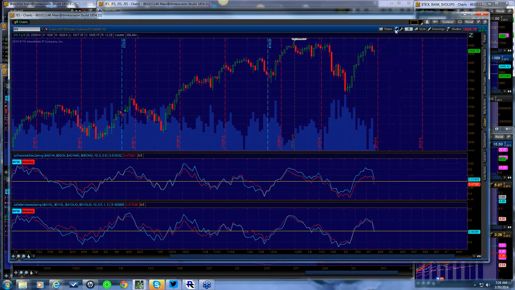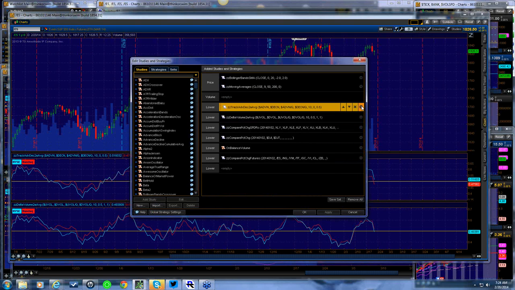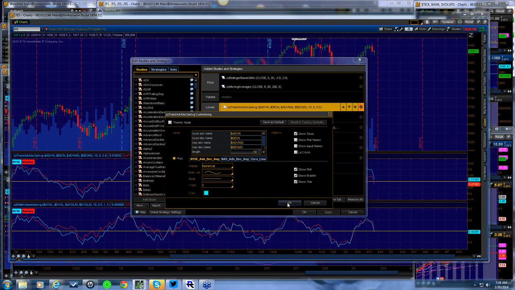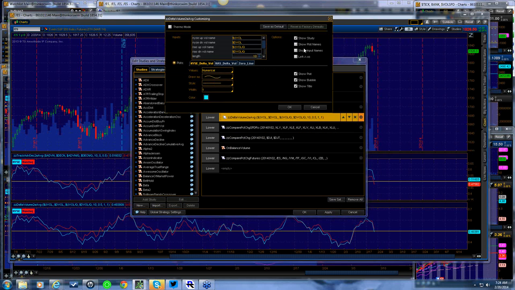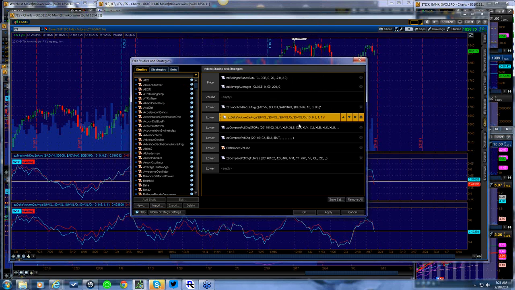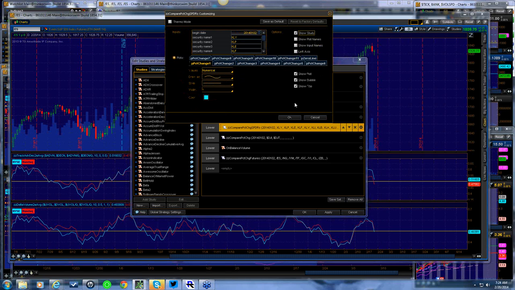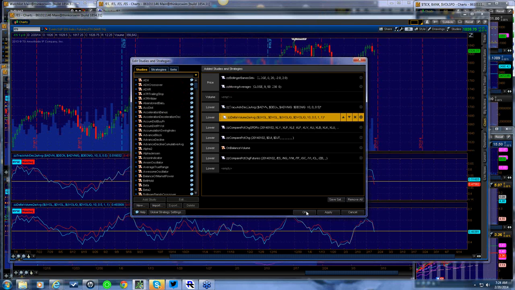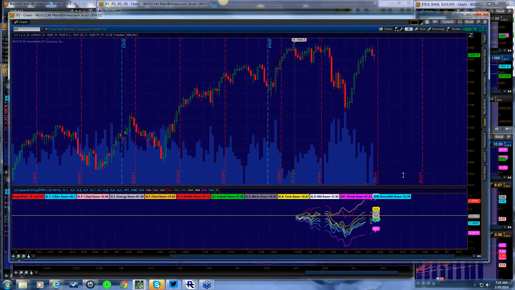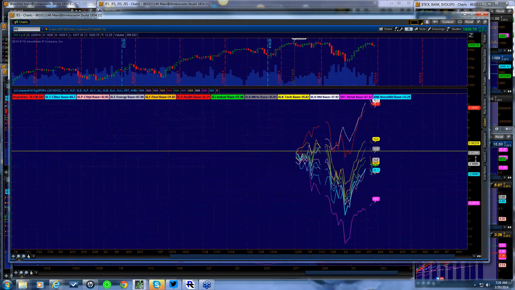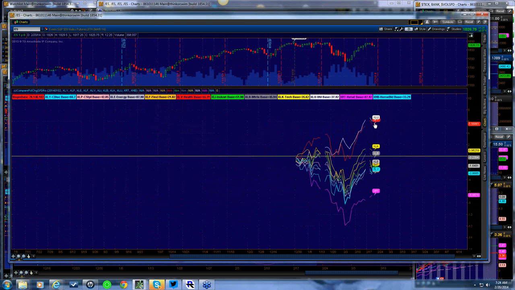And then take a quick look at the sectors. It looks like for the most part the sectors are moving lower.